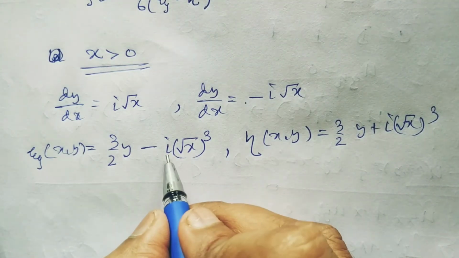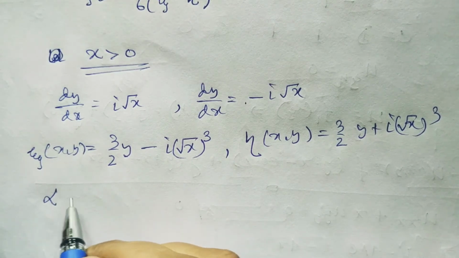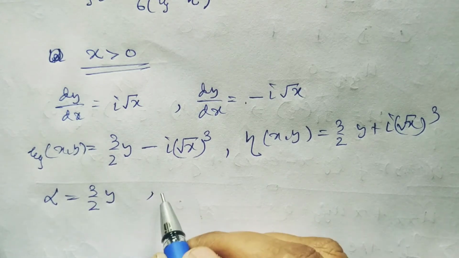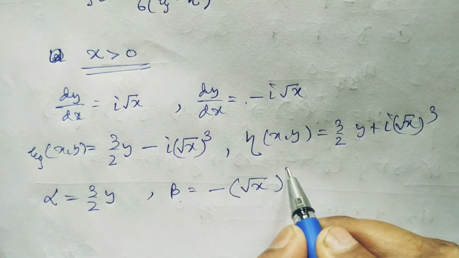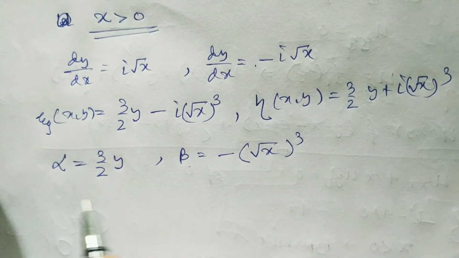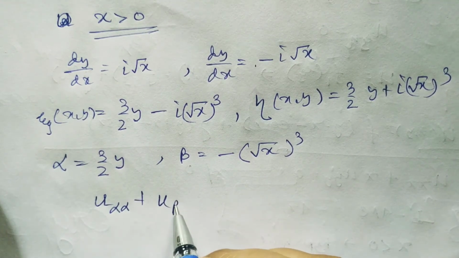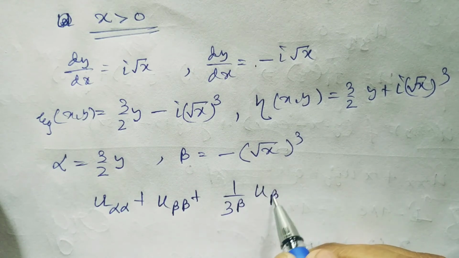Now to remove this imaginary part, we write alpha as another parameter which is equal to 3 by 2 y, and beta is another parameter which is equal to this, and we will convert the whole system and we will find that u alpha alpha plus u beta beta plus 1 over 3 beta u beta is equal to 0.